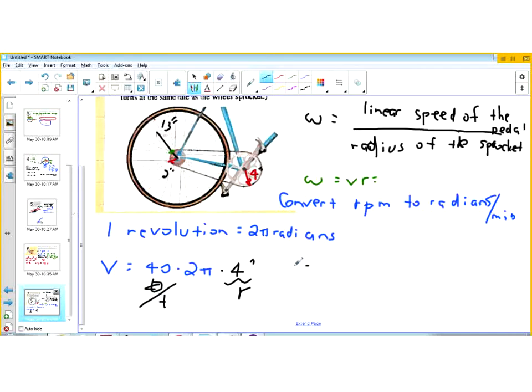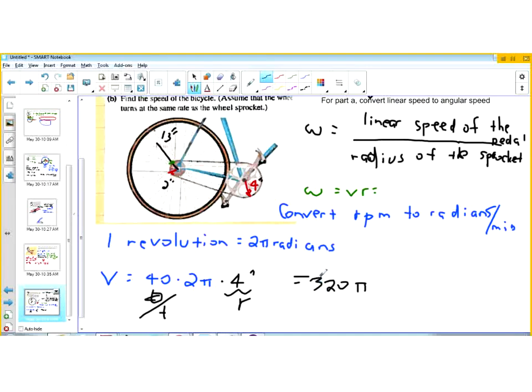So, all right. So we have 320 pi as your linear speed, and then the radius of the wheel sprocket is 2.